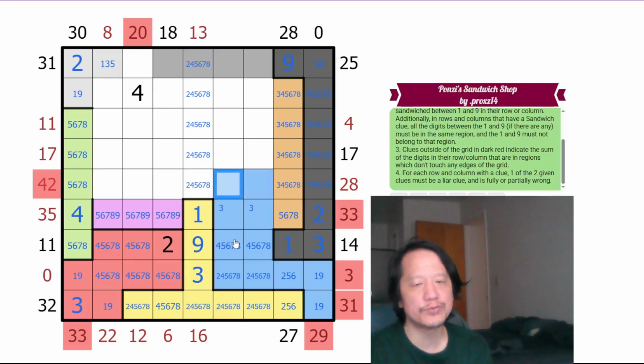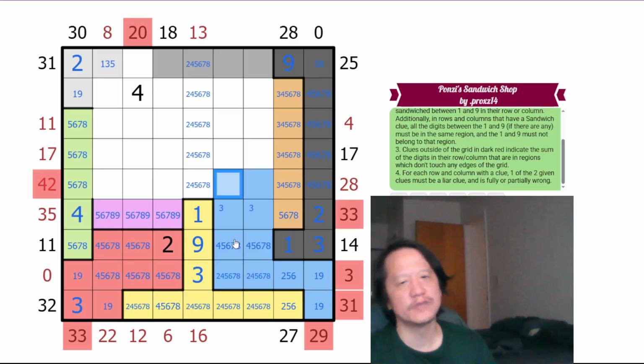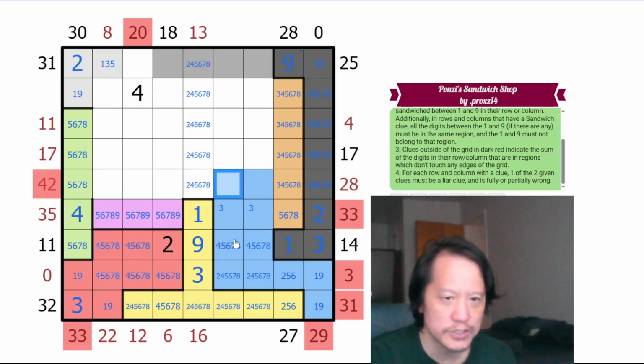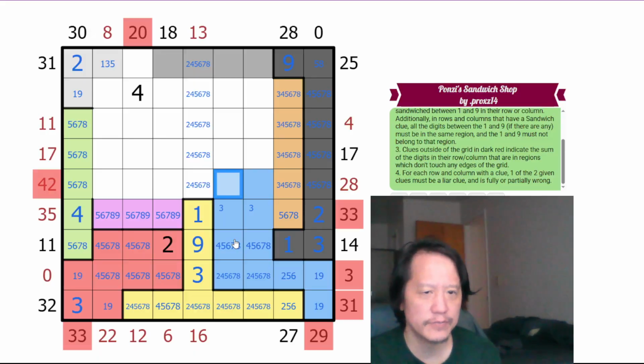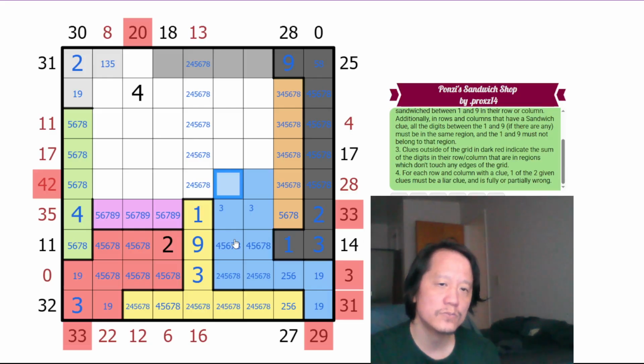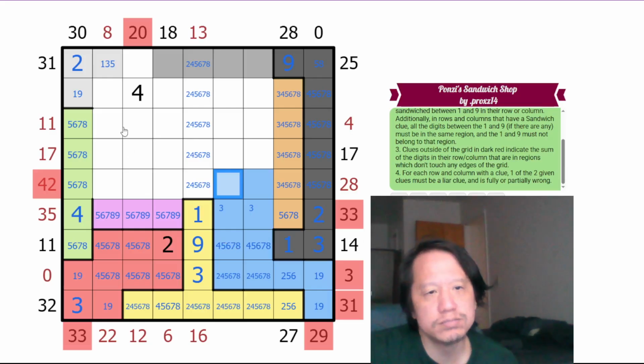There's no 2 or 3 here. So it has to be 4, 5, 6, 7, 8, which is not touching the edge of the grid. Green also has to have 1 and 9 available. This has to be 1 here, right?